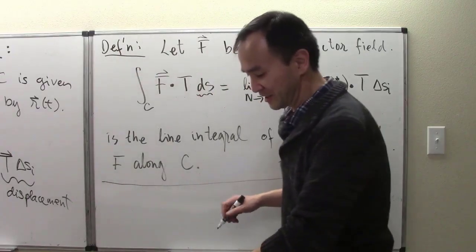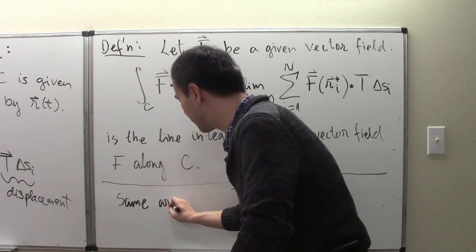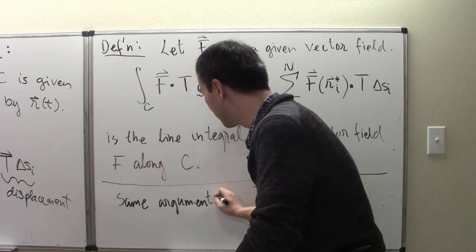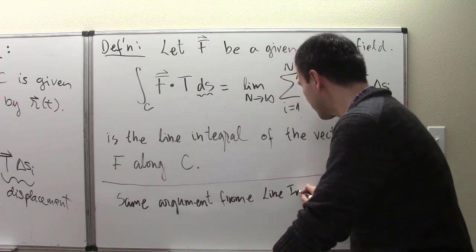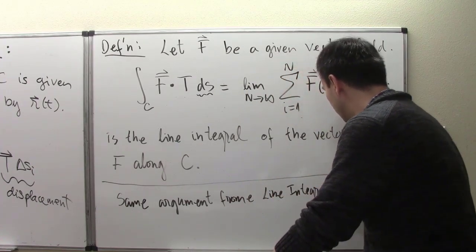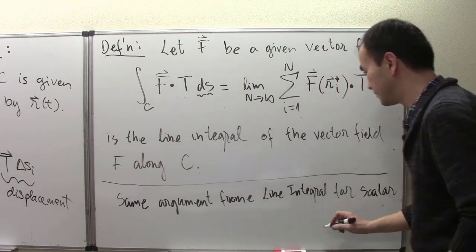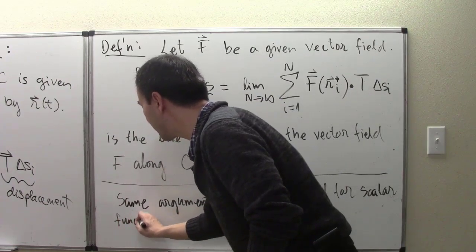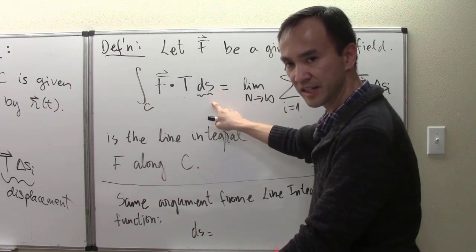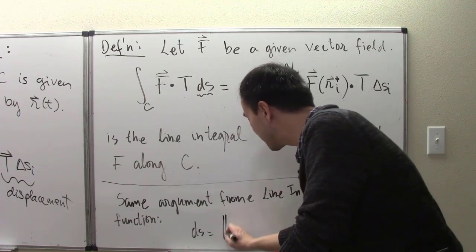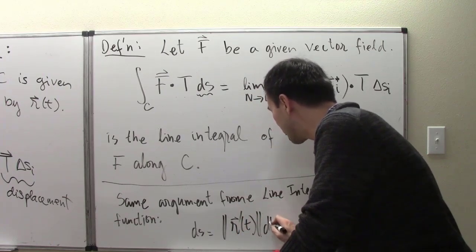My point is that, with the same arguments from the line integral for a scalar function, we have the ds expression, which can be expressed as the magnitude of the vector r prime of t multiplied with dt.